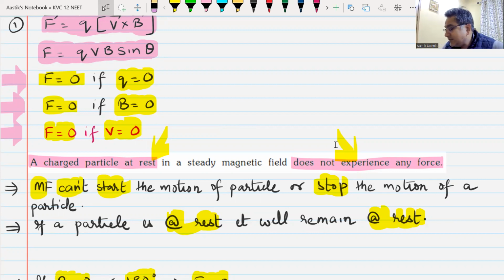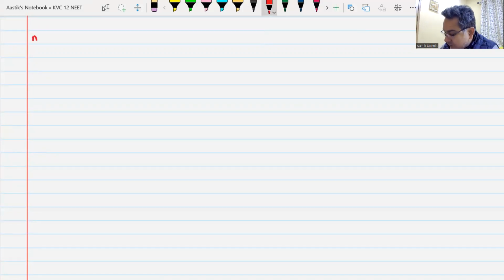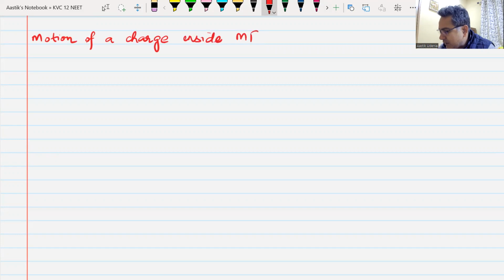So, let us write the next heading: motion of a charged particle or a charge inside a magnetic field.